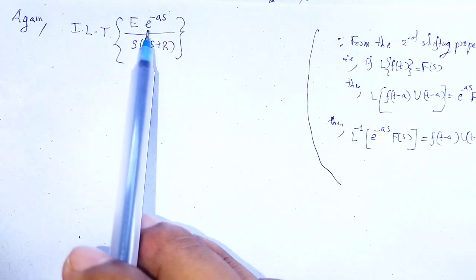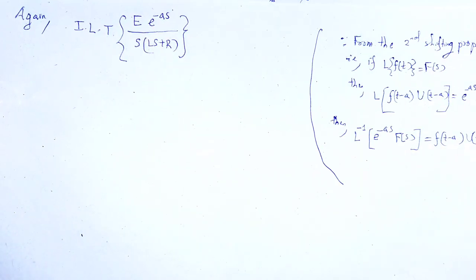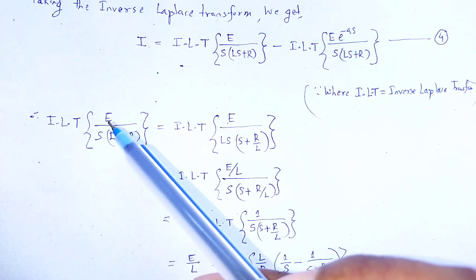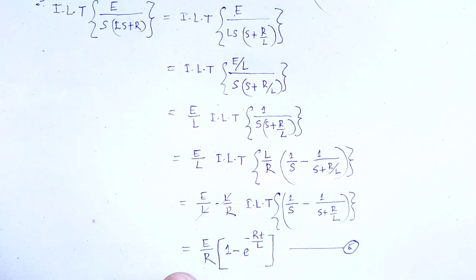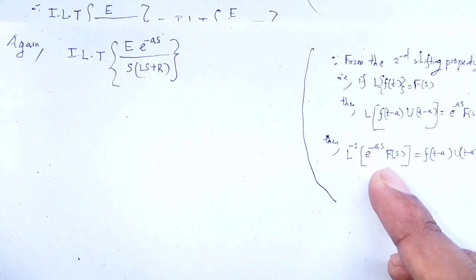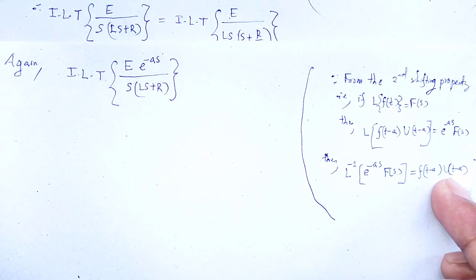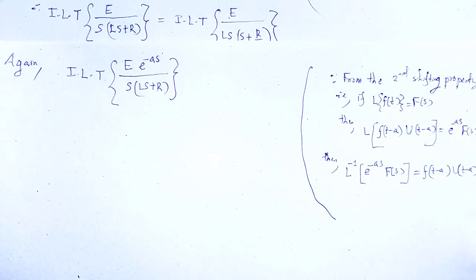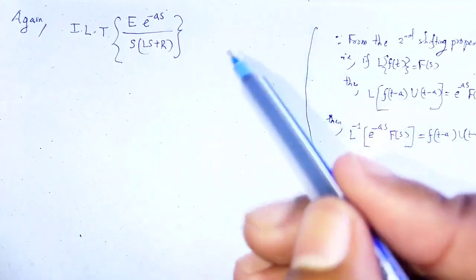Here we just add e to the power minus as to the previous equation, as inverse Laplace transform of E divided by s whole into Ls plus R is equal to that much. So, from that expression, the inverse Laplace transform of e to the power minus as F of s is equal to f of t minus a into u of t minus a, u of t minus a as the unit step function.